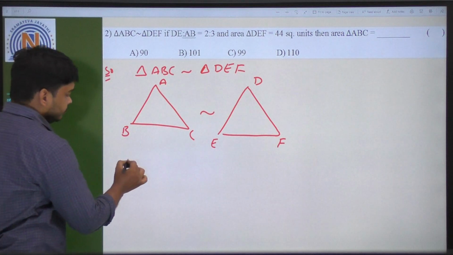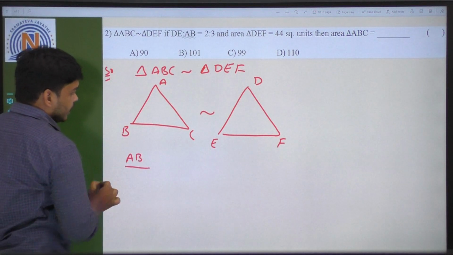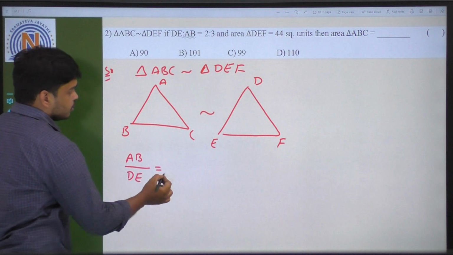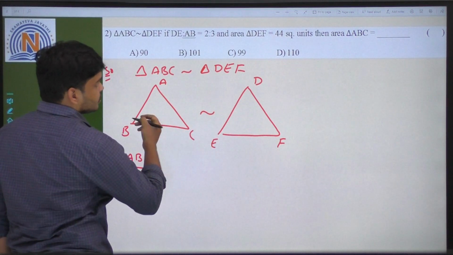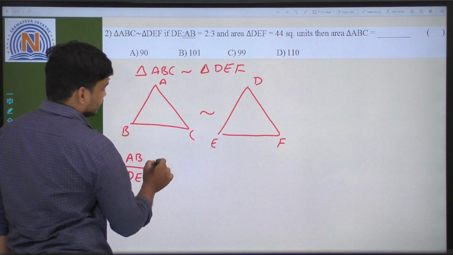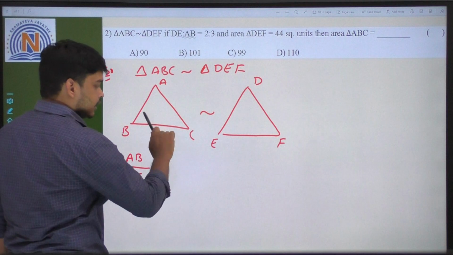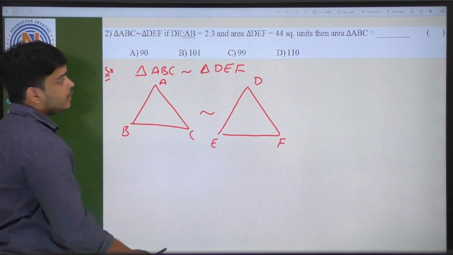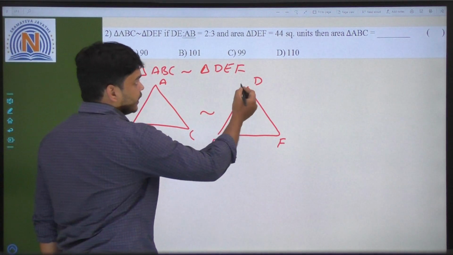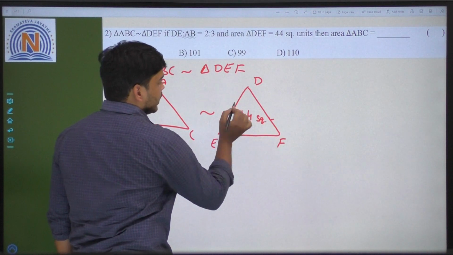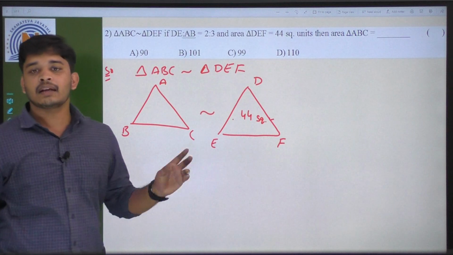So AB by DE is equal to the ratio of corresponding sides, but he has given the area of triangle DEF as 44 square units. So we use the area similarity theorem. What is the area similarity theorem?